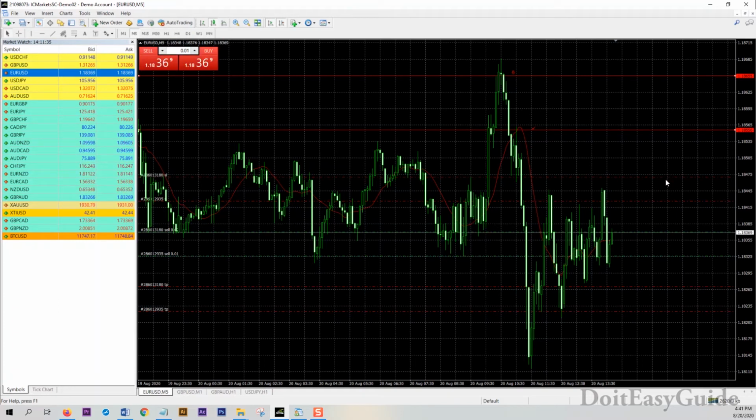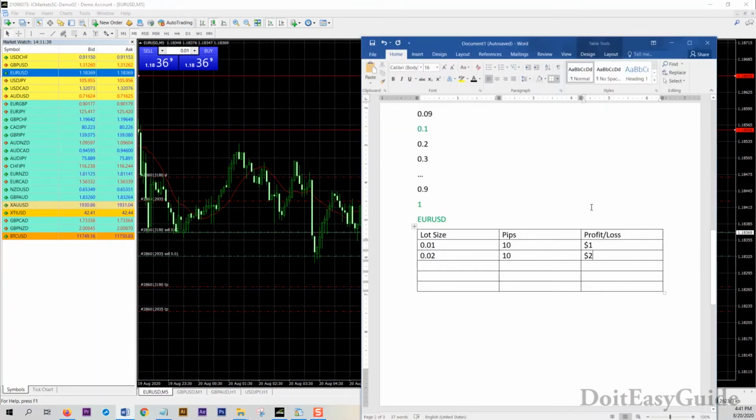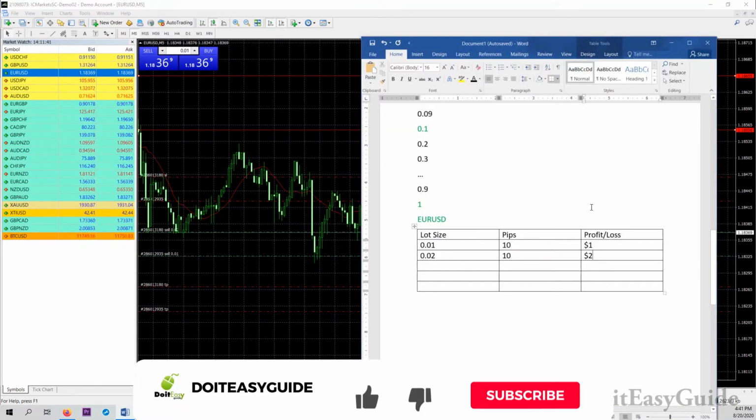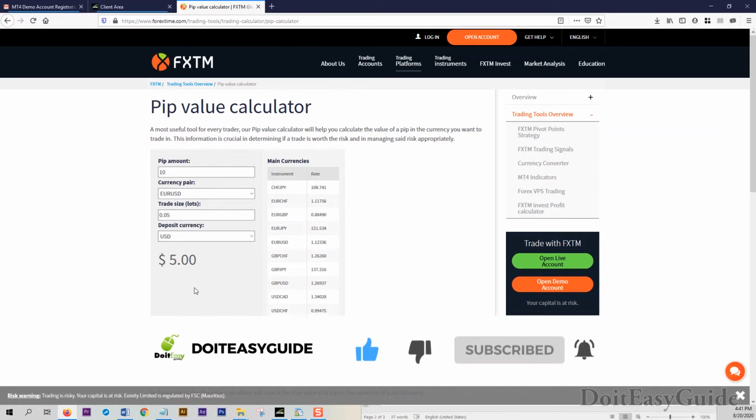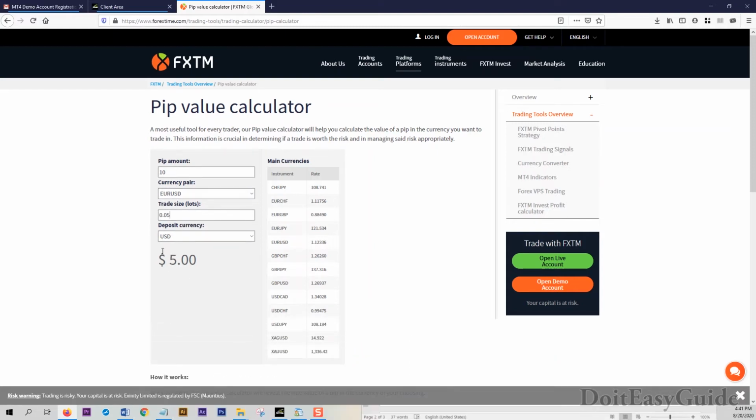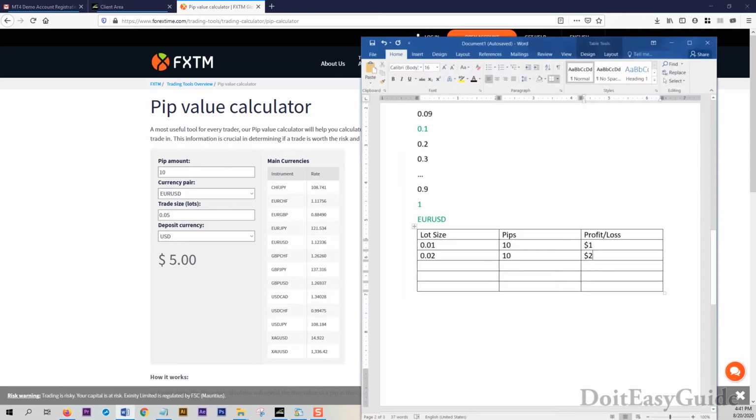So now I'm sure you get the idea, right? Now let's see what happens if I increase my lot size to 0.05. Then 10 pips means $5. Sorry, $5.